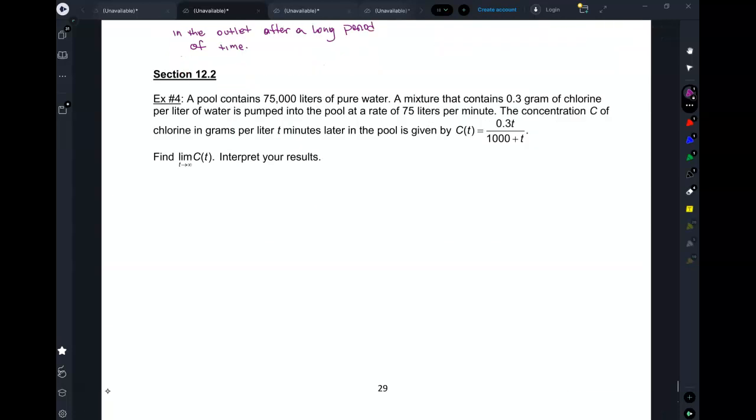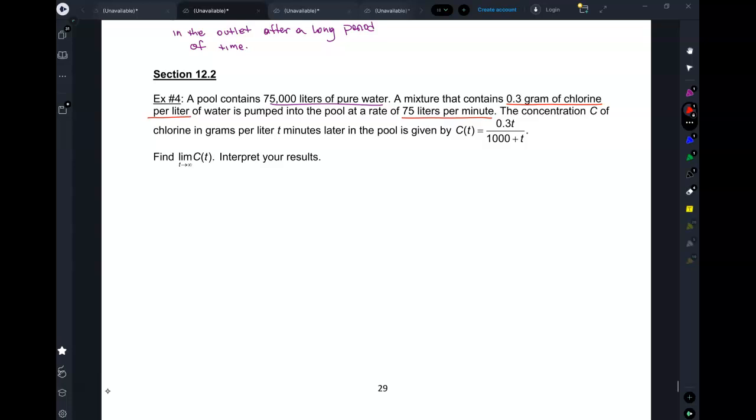A pool contains 75,000 liters of pure water. A mixture that contains 0.3 grams of chlorine per liter is pumped into the pool at a rate of 75 liters per minute. The concentration C of chlorine in grams per liter t minutes later is given by this.